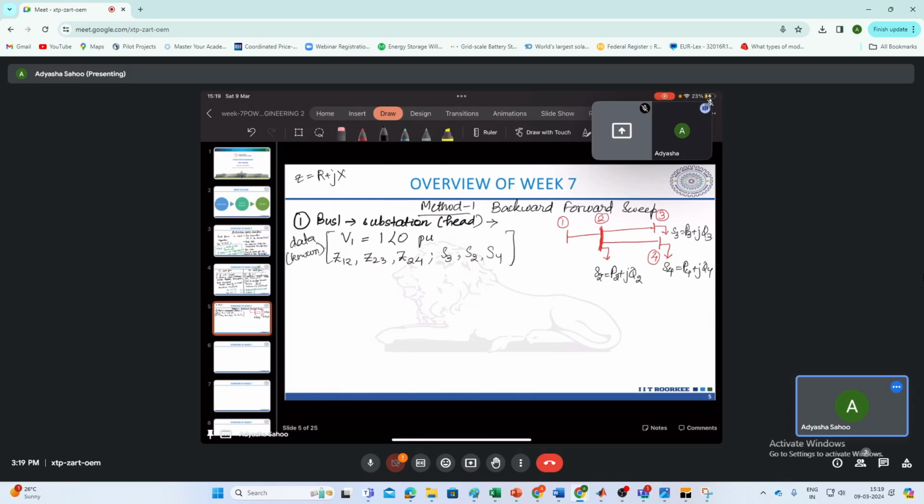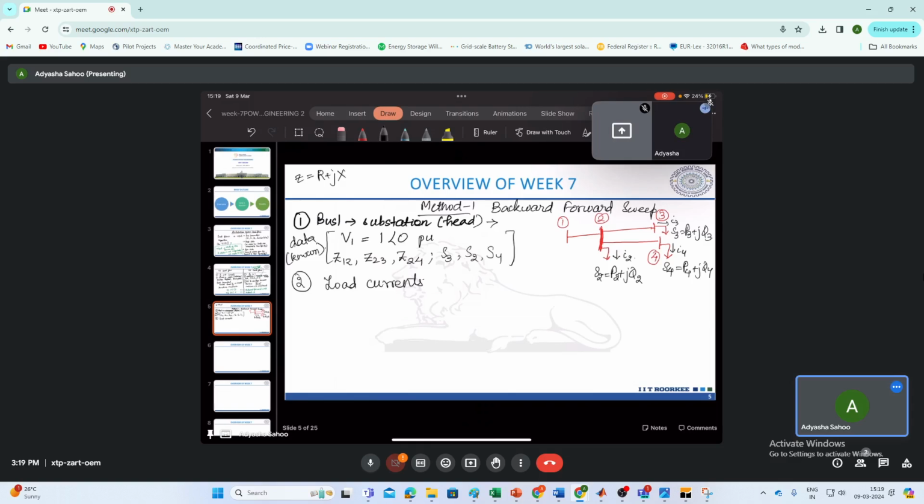Now from this we will calculate the load currents. So let's say this load current is I4, this load current is I3, this load current is I2.